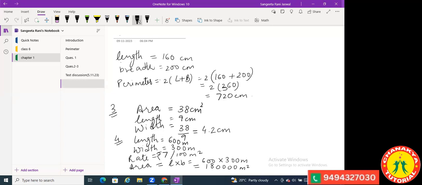We have found the area, that is 1,80,000 meters square. You understood this much? Yes, ma'am, it's clear.